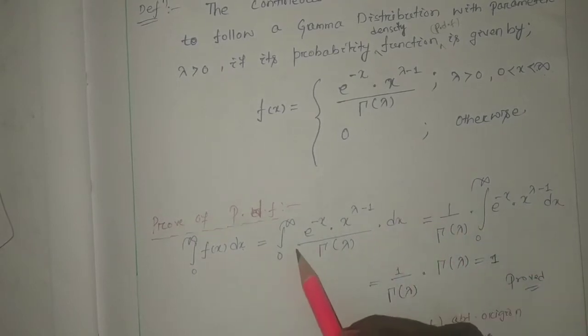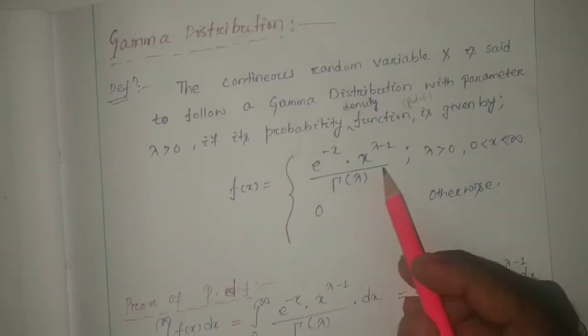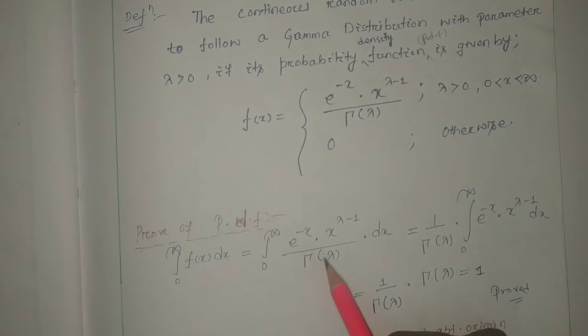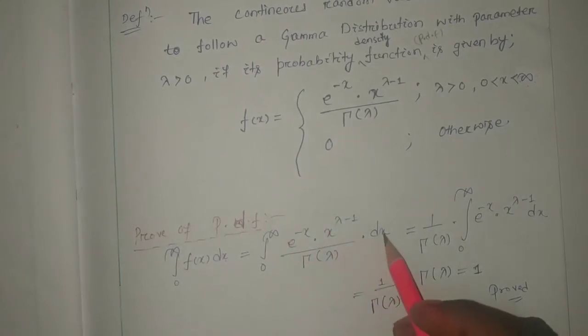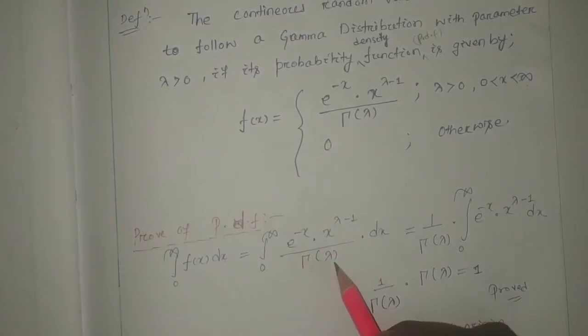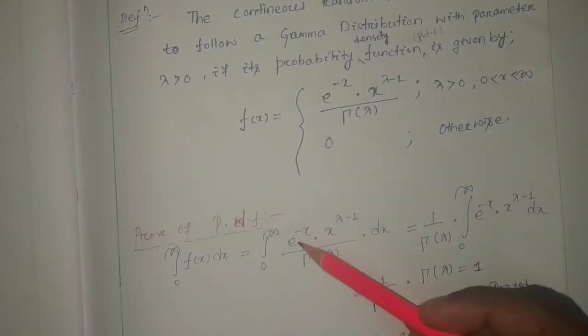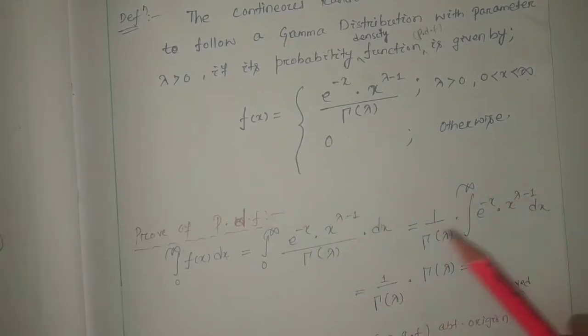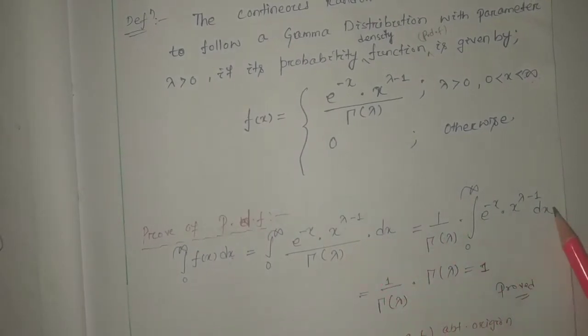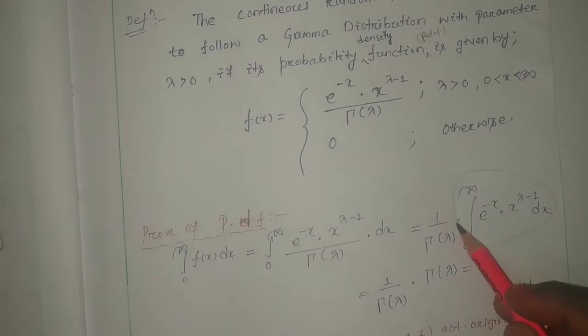The integral from 0 to infinity of f(x) dx is equal to this, substituting the PDF. We know that 1 by gamma lambda is a constant, taken outside the integration, leaving the integral from 0 to infinity of e to the minus x, x to the lambda minus 1 dx. This is nothing but gamma lambda.